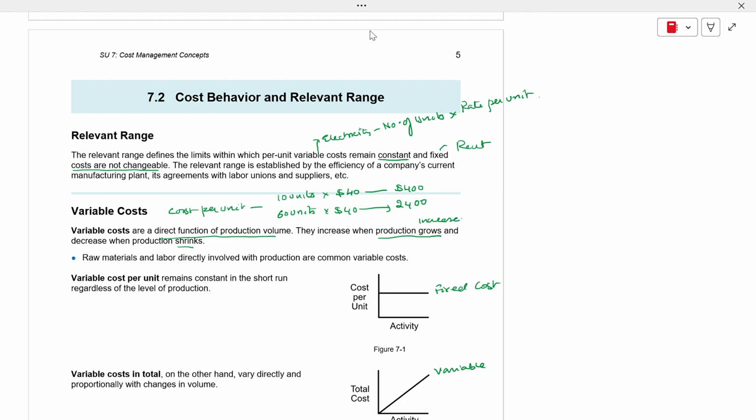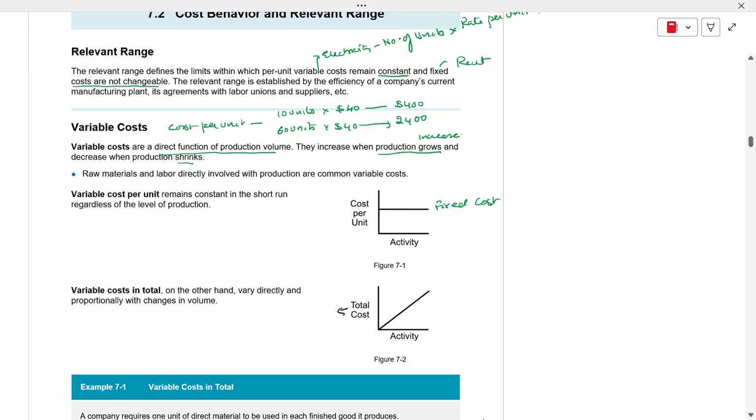This is not even going to be called a variable cost. It is the total cost. When we say total cost, it is the total of fixed as well as variable. Now, what will happen as you increase the number of activities?